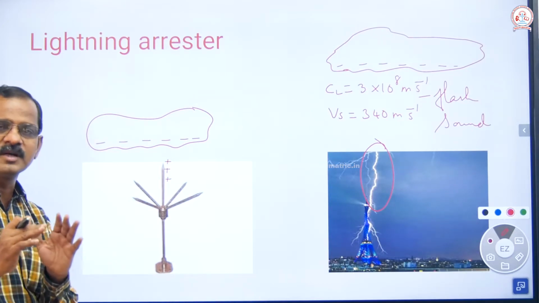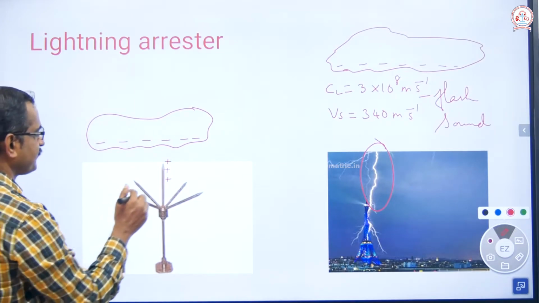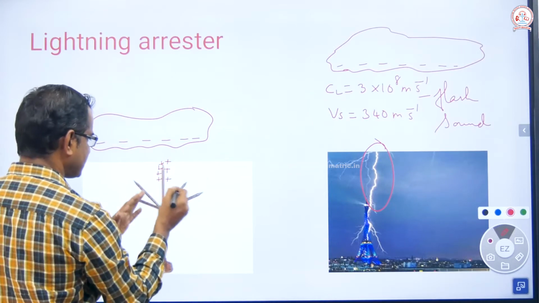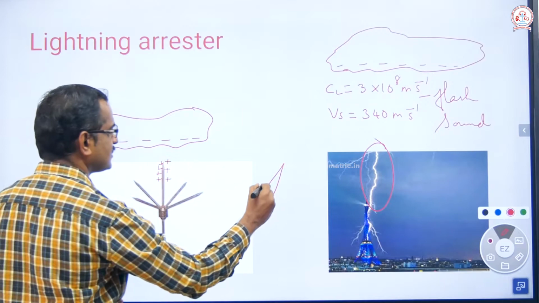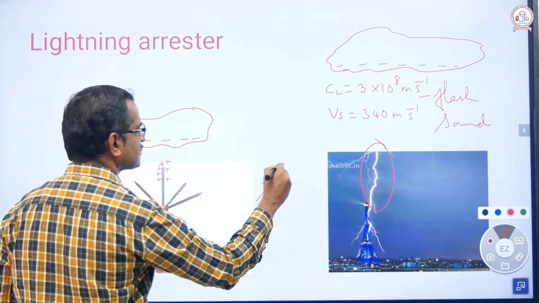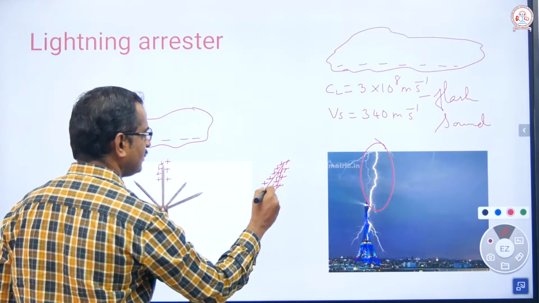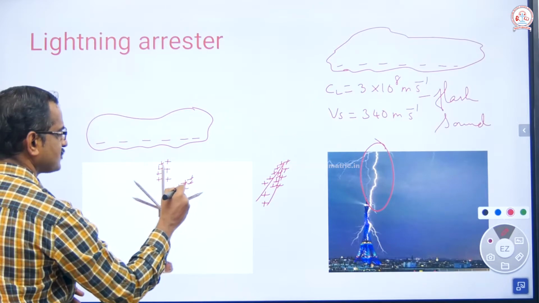The lightning arrestor is made up of a conductor, it should be made up of a conductor. And as there are sharp points like this, the concentration of charges will be more at the sharp edge. At these points, the concentration of charges will be more.